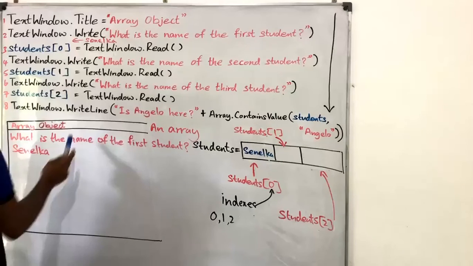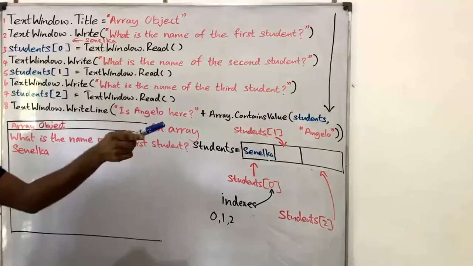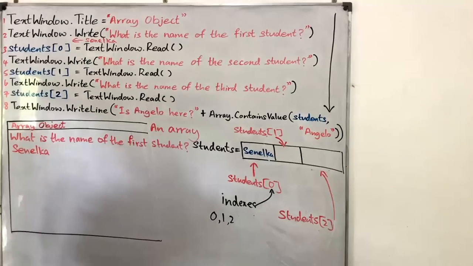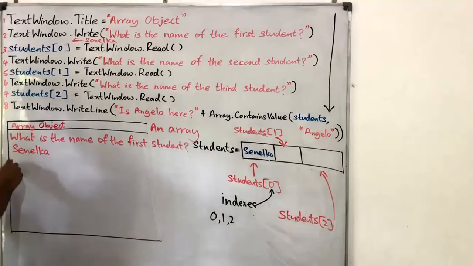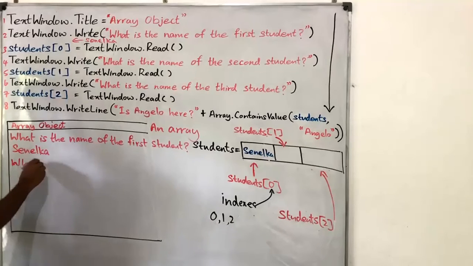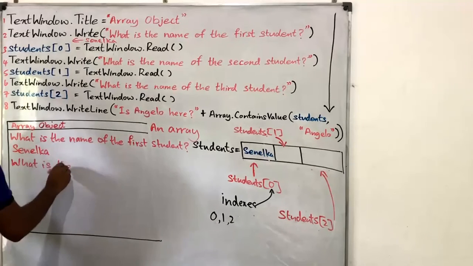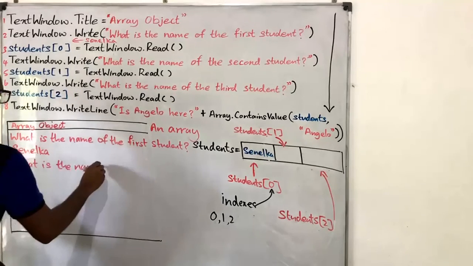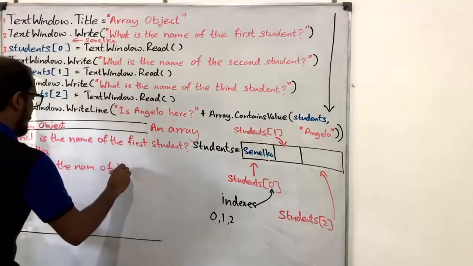It says text window, write this one, another question: What is the name of the second student?